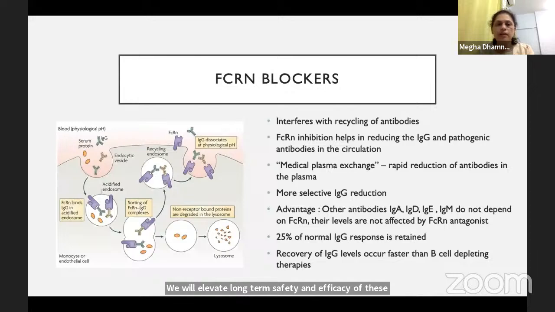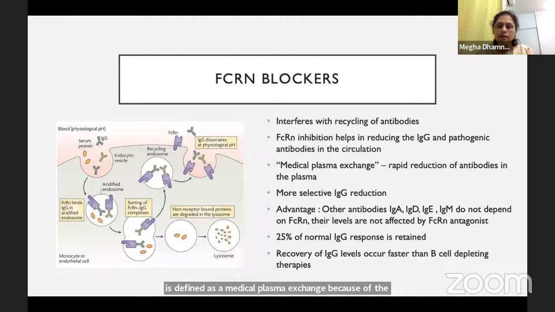Talking about FcRn blockers, now it's a very interesting concept here. The FcRn interferes with recycling, the blockers interfere with the recycling of antibodies. So when you inhibit the FcRn receptors, it actually reduces the levels of IgG and the pathogenic antibodies in the circulation, and it is described as a medical plasma exchange because of the rapid reduction of antibodies in the plasma.